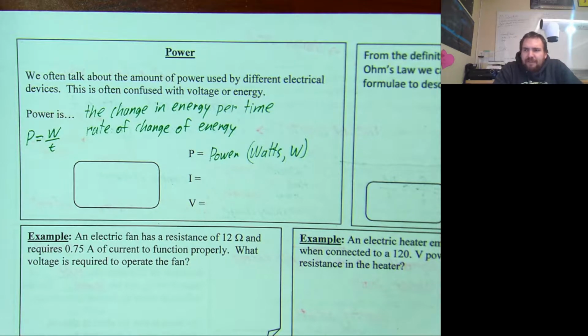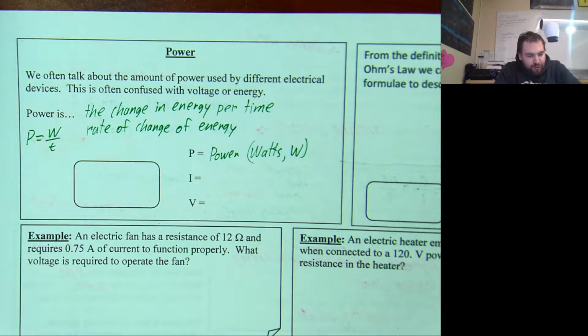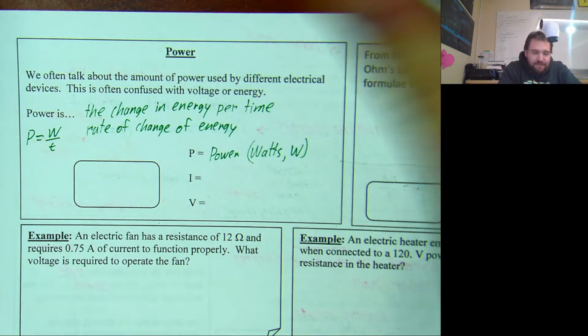But there's got to be some sort of formulation that we can translate this idea of work over time into electrical power. I'll just give it to you and I'll show you how it relates.